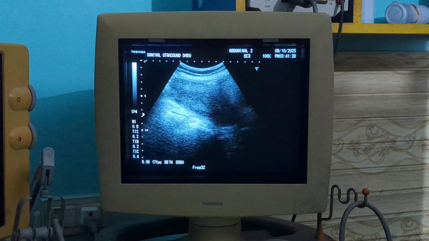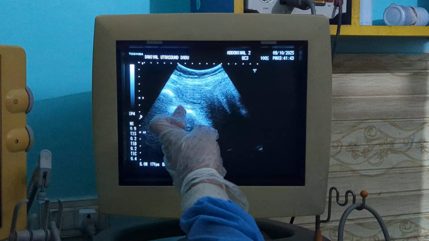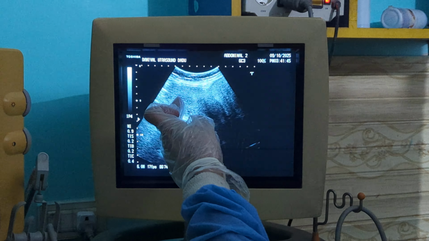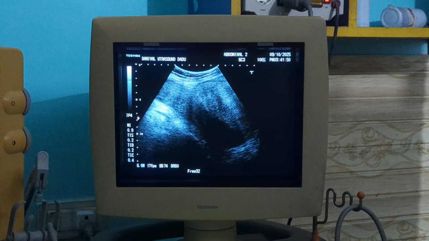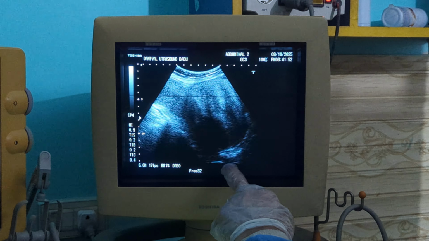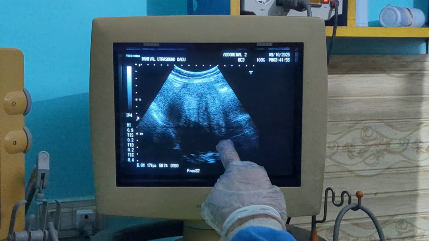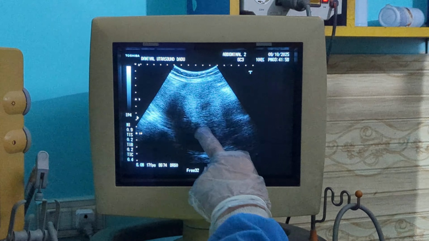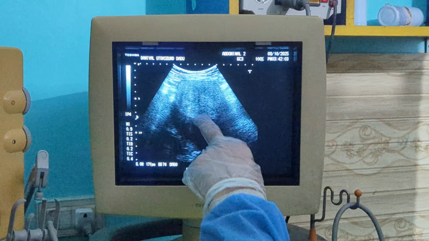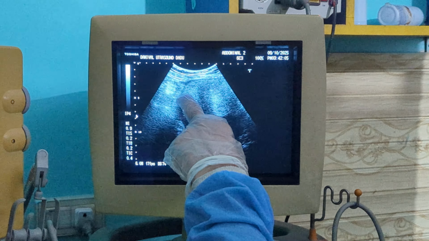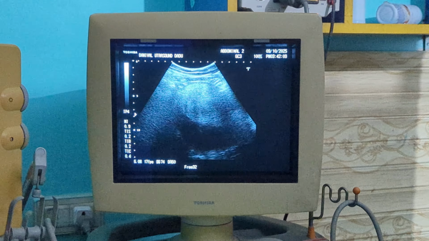Now let's go to the uterus. As I told you, the uterus is enlarged and bulky. The uterine cavity is smooth, echogenic. The cervical and body areas are obscured and overlapped by an irregularly outlined echogenic mass in front of it, showing some areas of calcification with posterior acoustic shadowing.